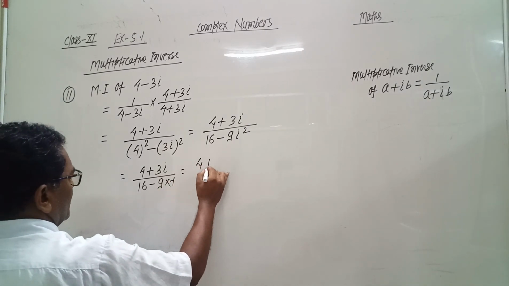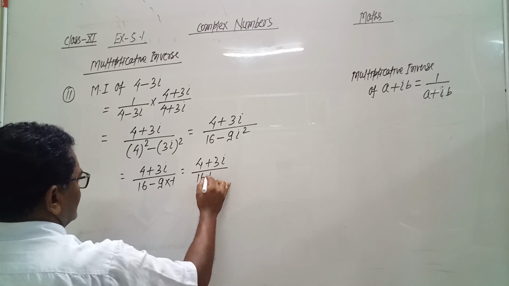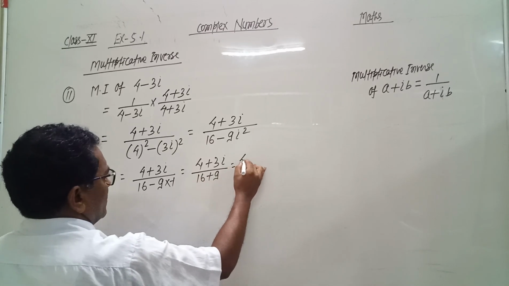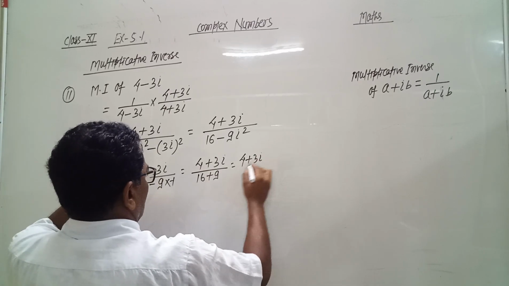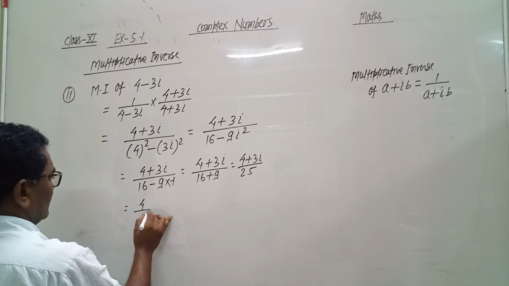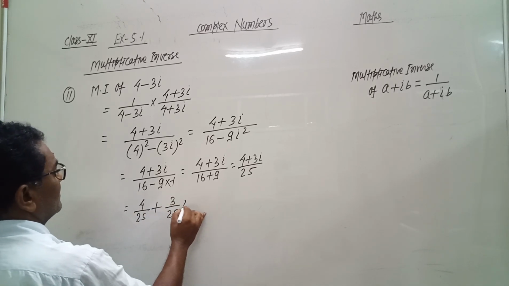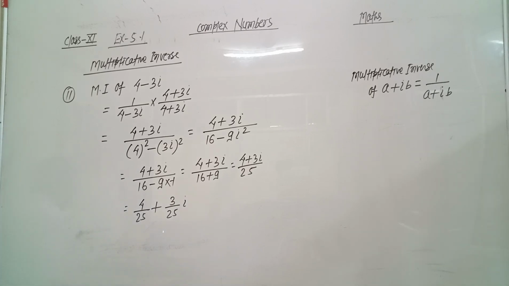So we get 4 plus 3 iota upon 16 plus 9, and 4 plus 3 iota upon 25. So we will write in this way: 4 by 25 plus 3 by 25 iota. So this is the multiplicative inverse.